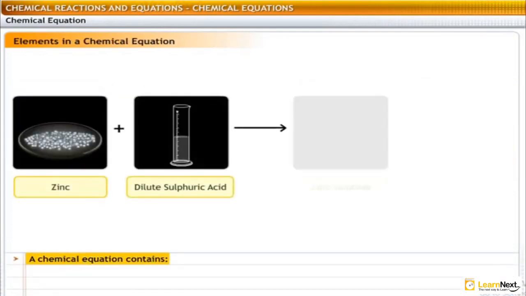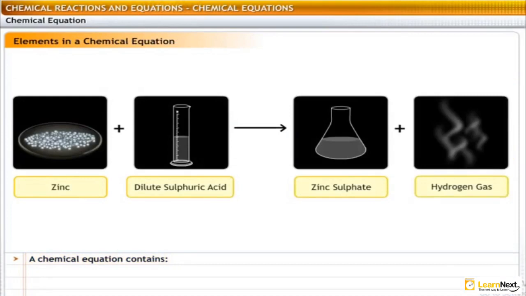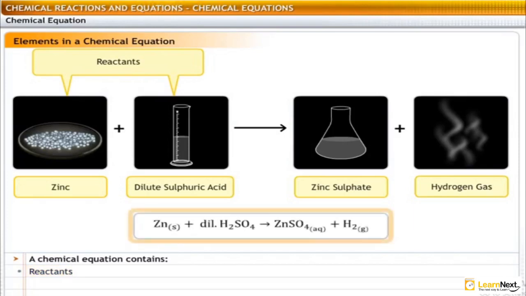A chemical equation is made up of the following components. The reacting substances, known as reactants, are on the left-hand side. For example, in the equation you just saw, zinc and dilute sulfuric acid are the reactants. Therefore, they are on the left in the equation.